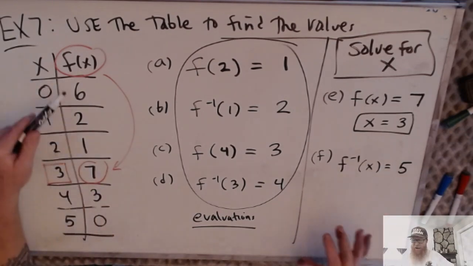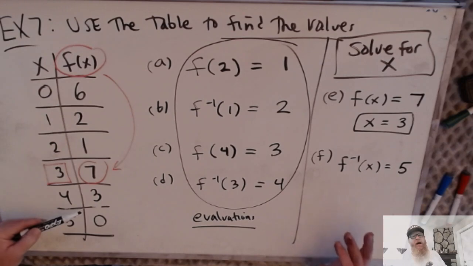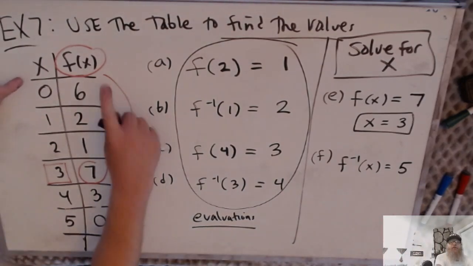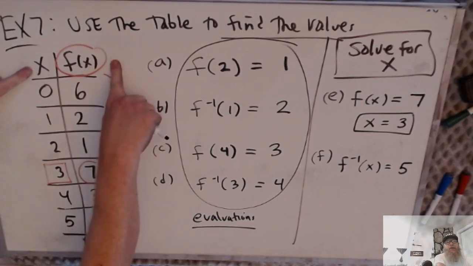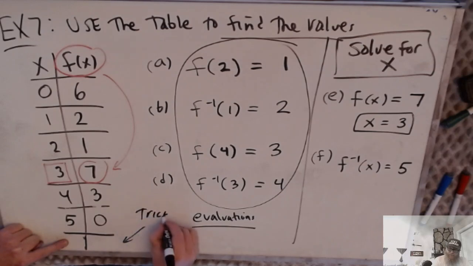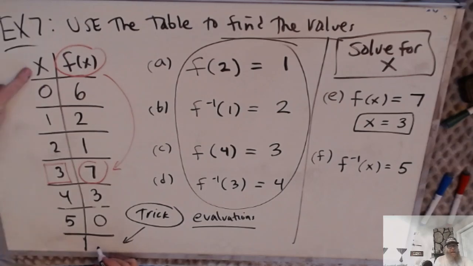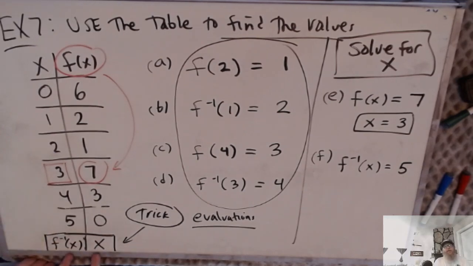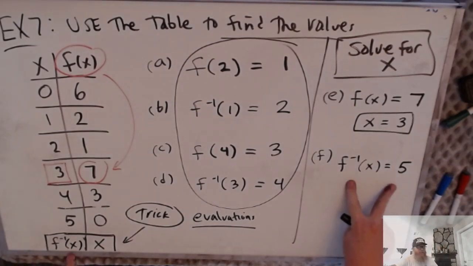But over here, it's actually going to be y. So let me teach you a trick. Whenever I give you a function table, at the very bottom of your table, here's a trick for the variables. Put x in the y column and put f inverse in the x column. This will help you to read your equation in the right order.